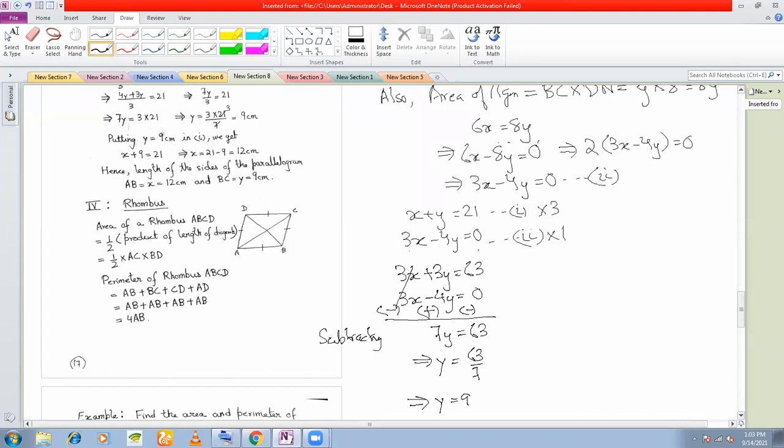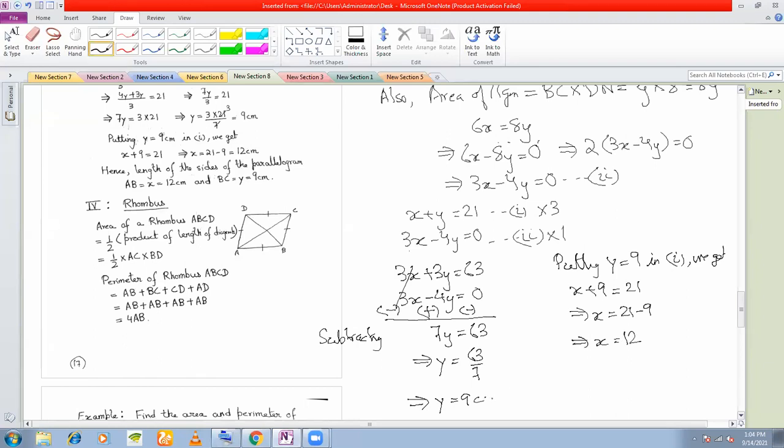Once you get y, you can put it in any of the equations. Let us put it in 1. Putting y is equal to 9 in 1, we get x plus 9 is equal to 21. x is equal to 21 minus 9. That means you're getting x is equal to 12.